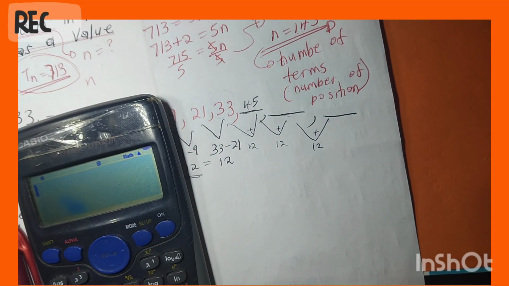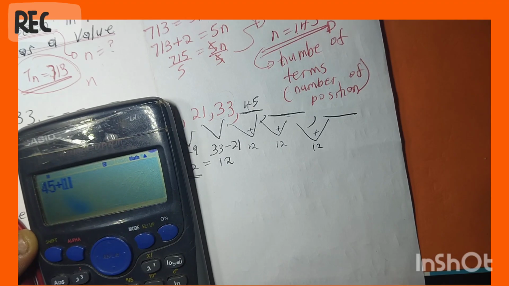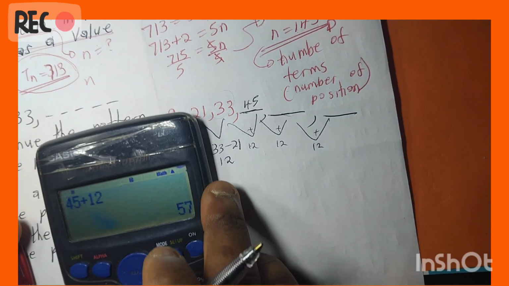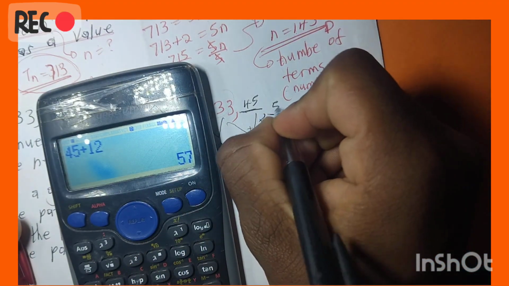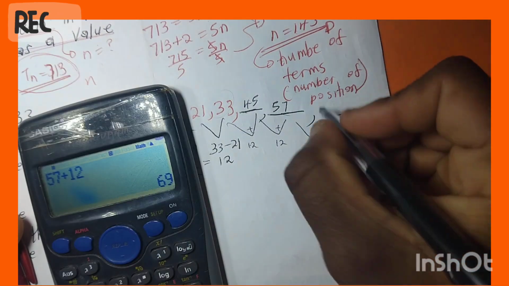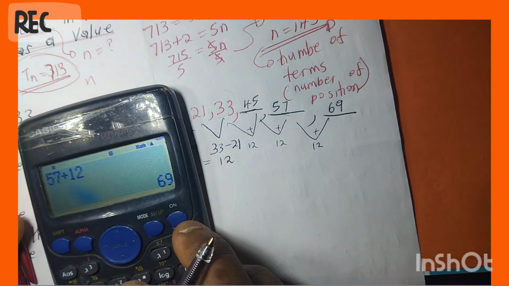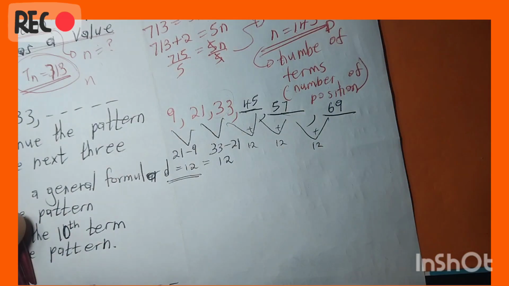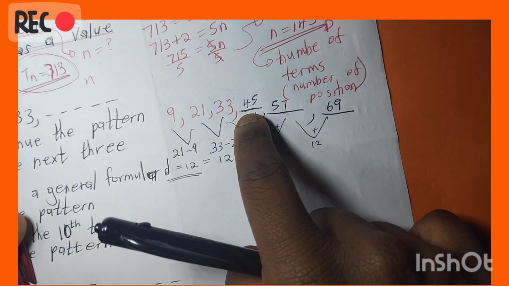Then 45 plus 12, meaning I will get 57. Then 57 plus 12, I will get 69. Do you see? That's how you continue the next 3 terms.